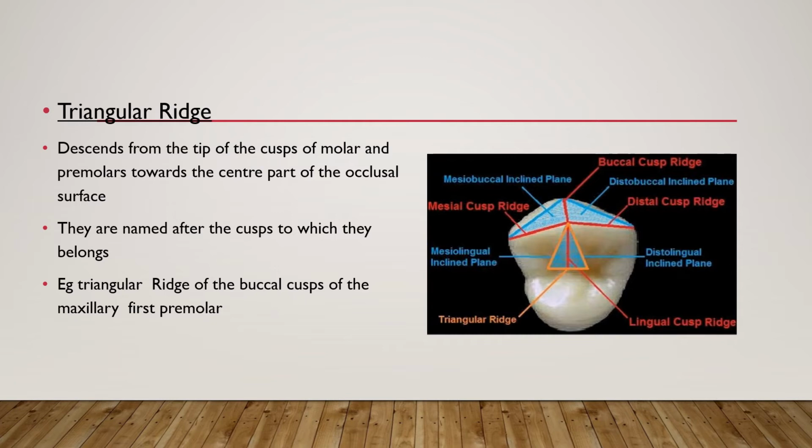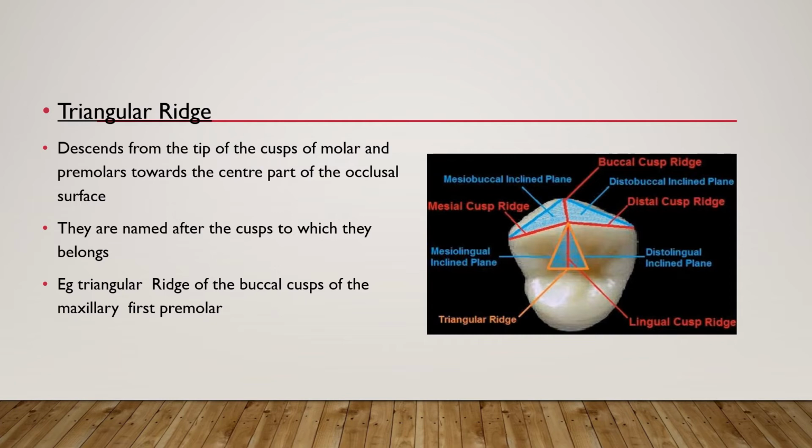Why is it called a triangular ridge? Because the slopes on each side of the ridge are inclined toward each other such that they resemble two sides of a triangle. So it seems that a triangle is formed. That's why it is known as a triangular ridge, and they are named after the cusp to which they belong.